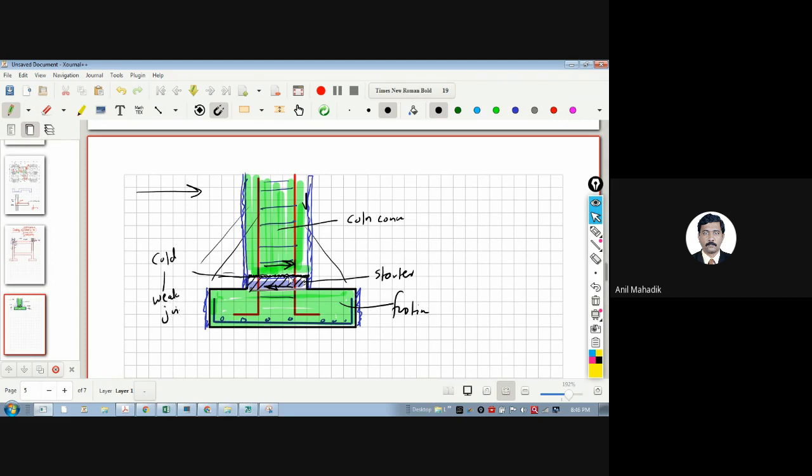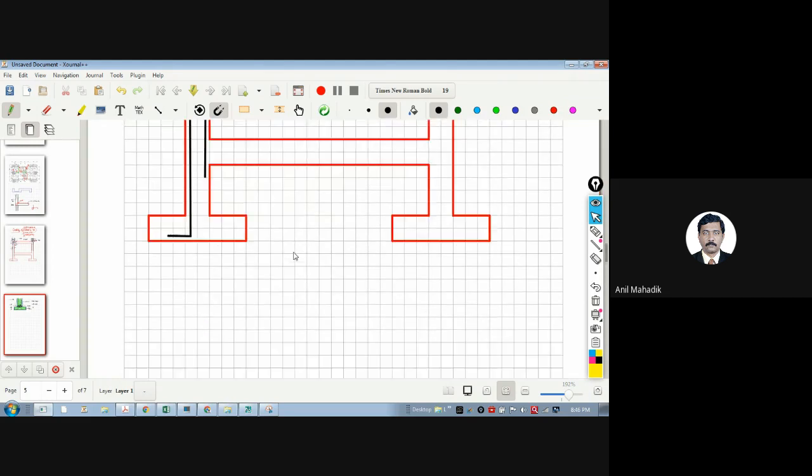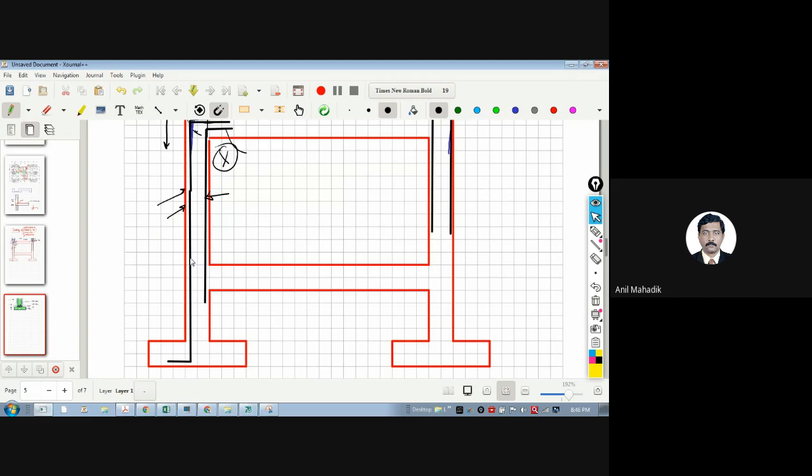So I have created a situation where in an earthquake this will crack. It is a weak zone, and in an earthquake the column and beam joint or column and footing joint are very important because there are major shear forces and major moments at the joints.